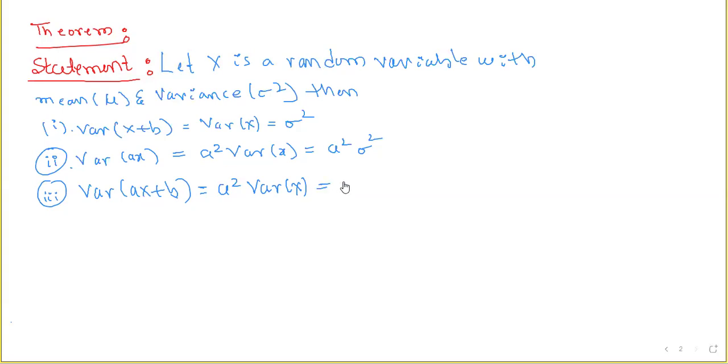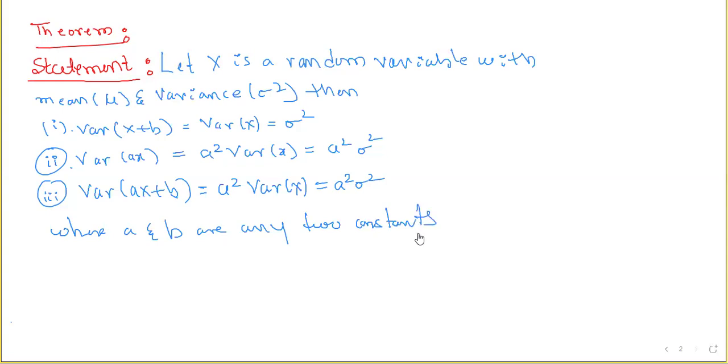Which is also equal to the same a square into sigma square, where a and b are any two constants, right?